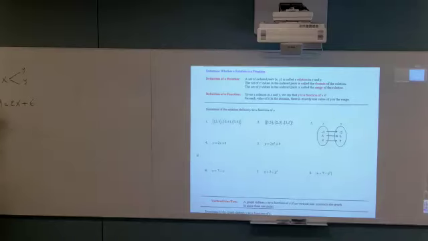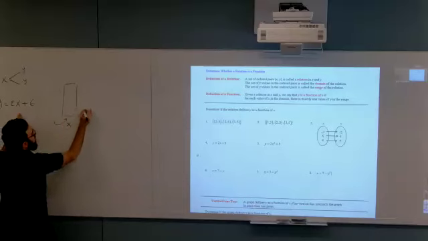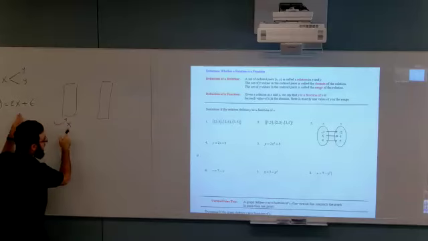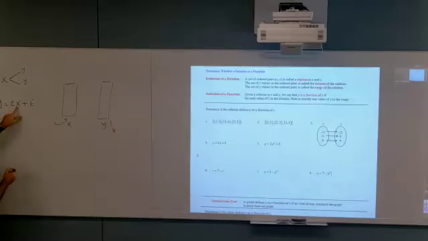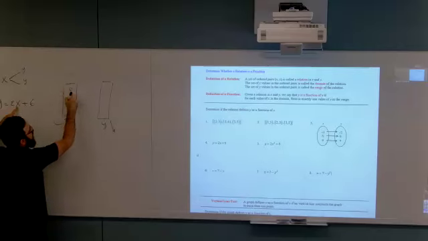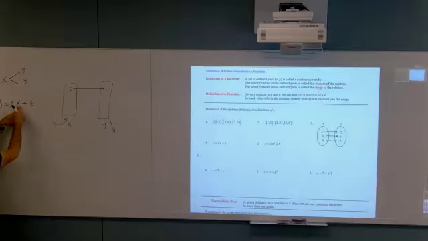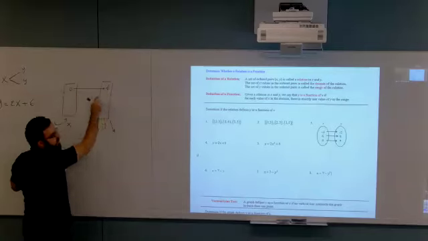Plug in 5, you're going to get a new y. That means when I'm plugging in the x, I'm plugging in the domain. The domain is the input. I'm plugging in the input to get the output, right? So x is the input, y is the output. So when I'm plugging 0 in x, I'm going to get y is 2 times 0, 0 plus 6. So person number 0 going to place 6.